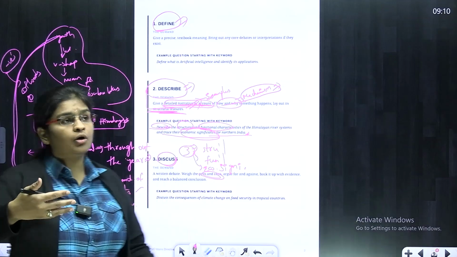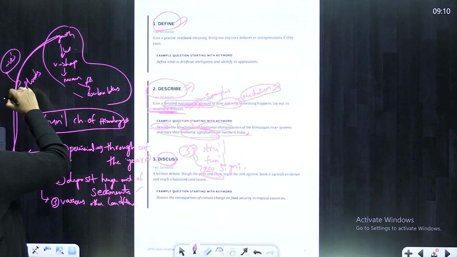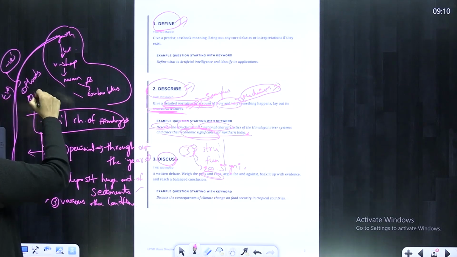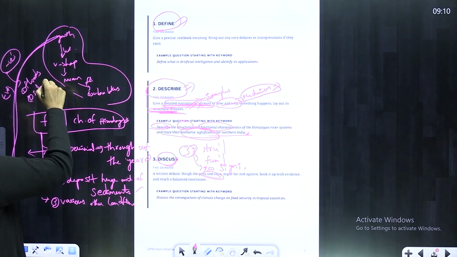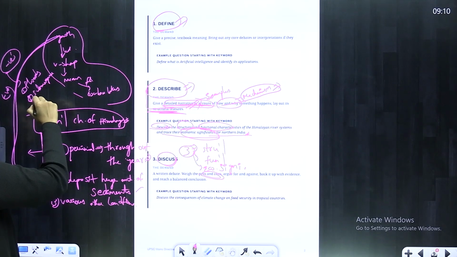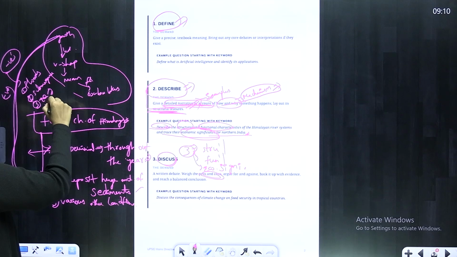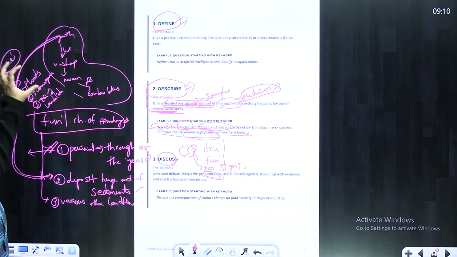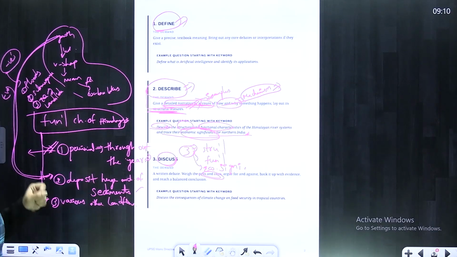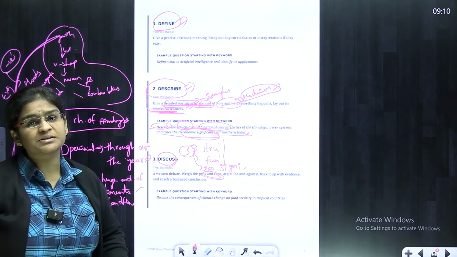This is how we integrate positive and negative points. Let's say submergence of areas, the occurrence of earthquakes, and that this area is landslide prone. You must write these negatives when the word discuss has been given.